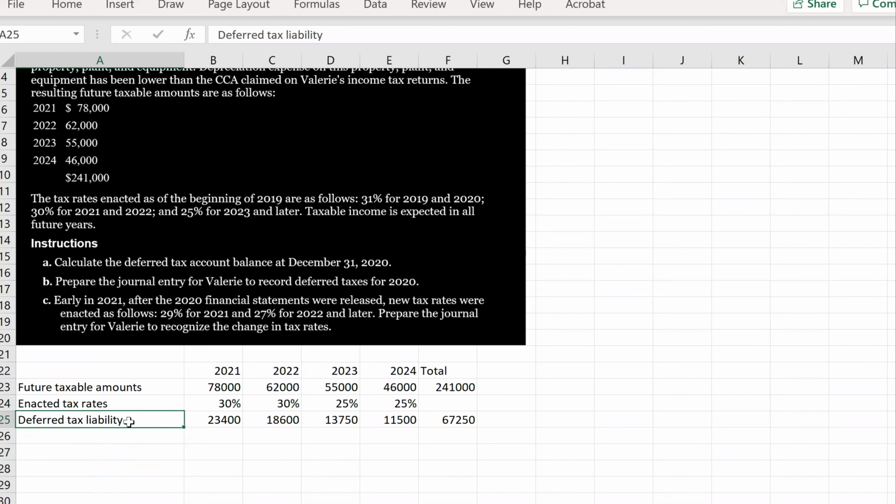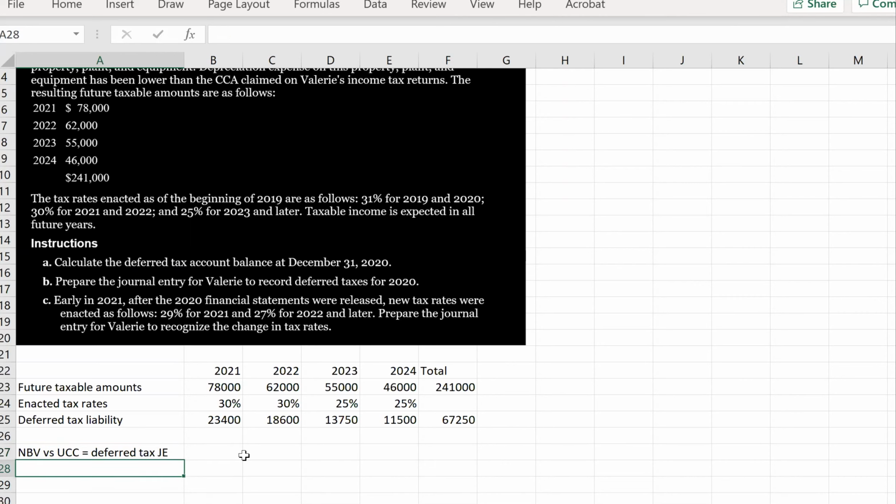So these are deferred tax amounts or deferred taxes in the future, but our deferred tax liability needs to be based on the balance sheet. So normally we would compare the net book value versus the UCC for PP&E differences. Net book value versus UCC would give us our deferred tax journal entry.